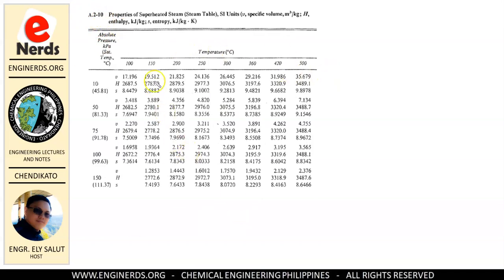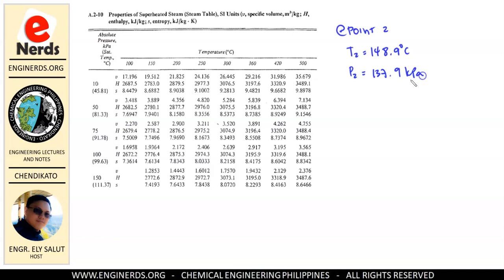Now, why we are going to use this? This is for superheated steam. Okay? Because at point 2, we have our temperature 2, which is equal to 148.9 degrees Celsius.